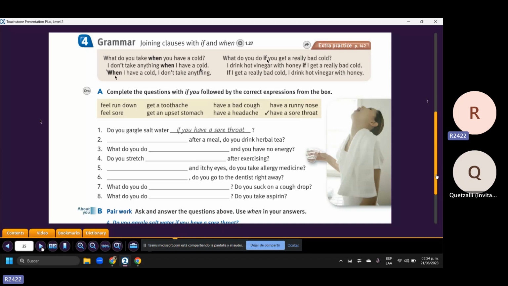When I have a cold, I don't take anything. What did you do if you get a really bad cold? I drink hot vinegar with honey if I get a really bad cold. If I get a really bad cold, I drink hot vinegar with honey.